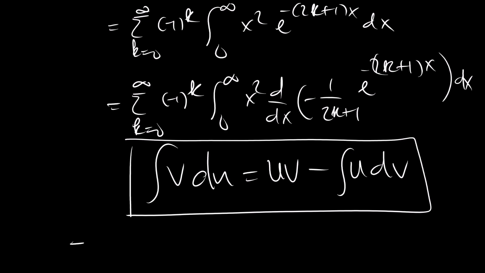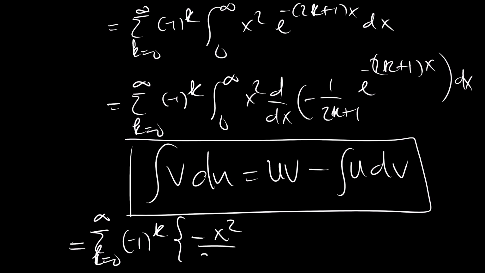Using that, we have the sum of negative 1 to the k, and our uv will be negative x squared over 2k plus 1 e to the power negative 2k plus 1 x from 0 to infinity.